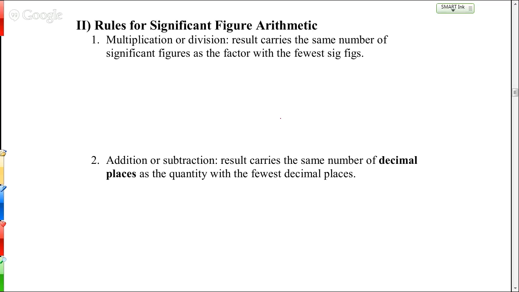So as an example, I have a couple examples set up here. Let's say we take 1.052 multiplied by 12.054 by 0.53. So you plug that into the calculator and you get 6.7208 something, something, something. How do we report that number?